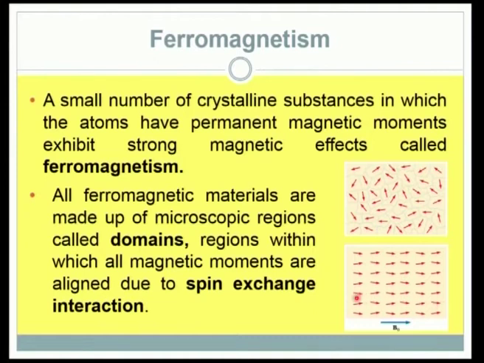But when we remove this external magnetic field, this alignment will continue. This will not easily get disturbed. Even by thermal means and all that, the alignment is going to be permanently existing because of the spin exchange interaction.